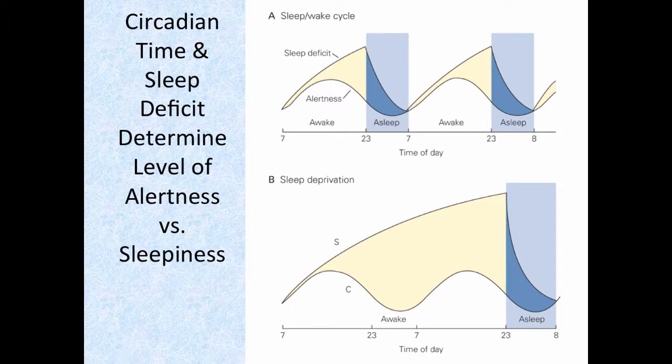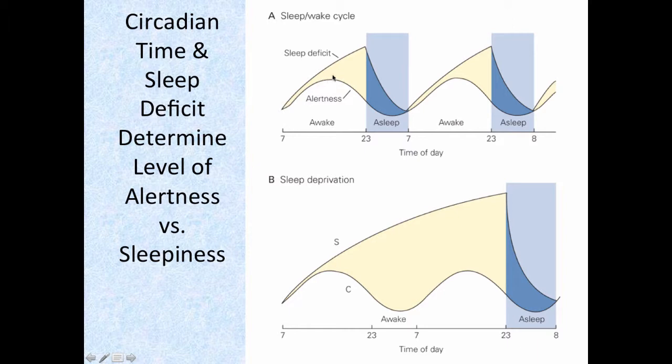In graph A, we see that in the early part of the day upon waking, our sleep deficit is at its lowest and our alertness is at its highest, or it's gradually increasing. So this early part of the day is when we should feel the least tired or sleepy and the most awake. Okay?